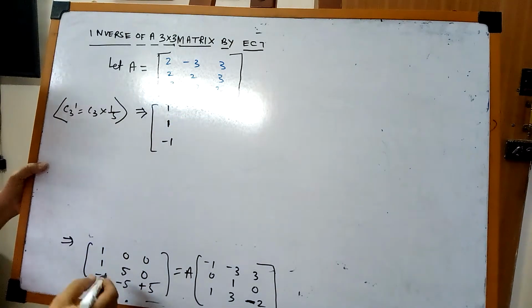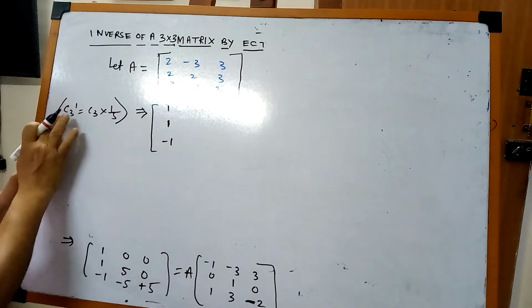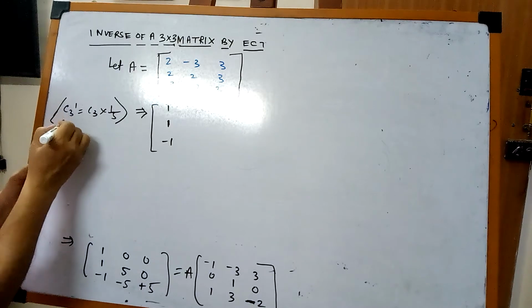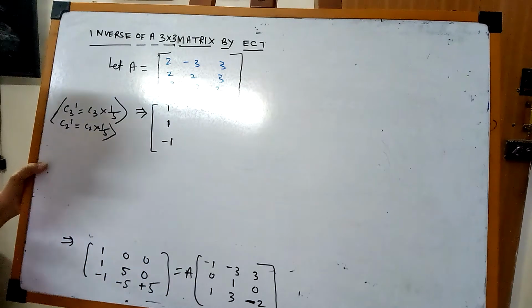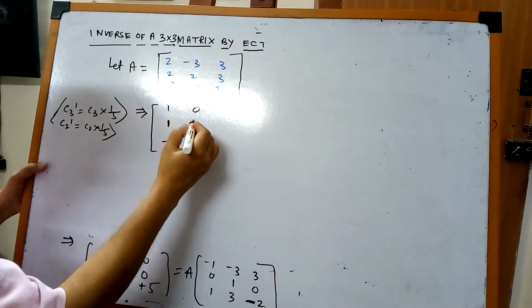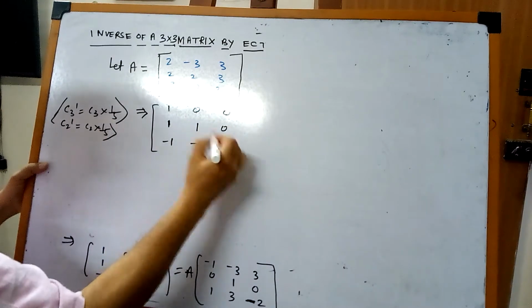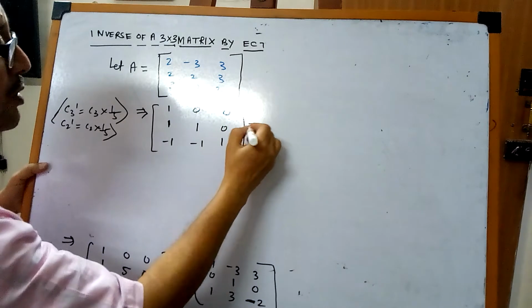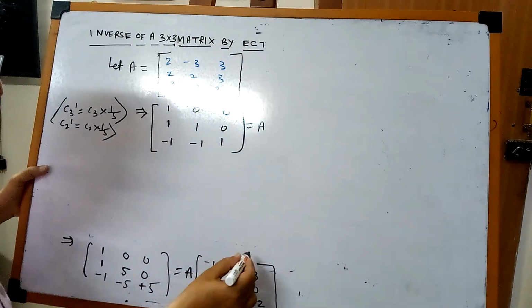and at the same time you can divide this also by 5, because I want to get 0 1 0. If we make it 1 in the same step, we will do it. So we will be writing one more operation here, that C2' = C2 into 1 by 5. So there it will be 0 1 minus 1, 0 0 1 equal to A into, you have divided this by 5, this also by 5.